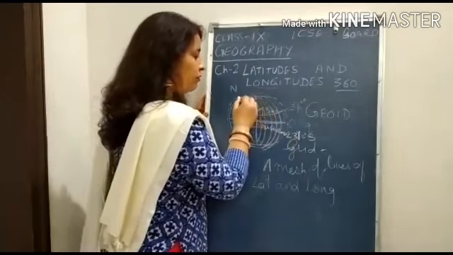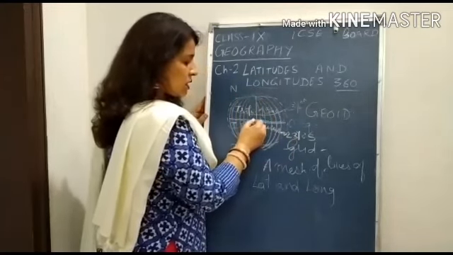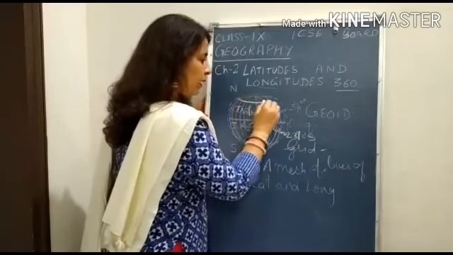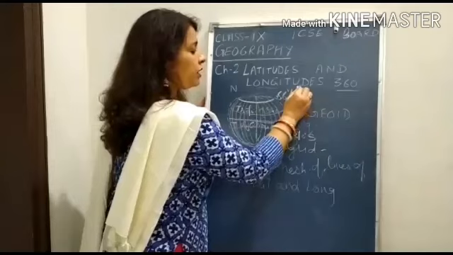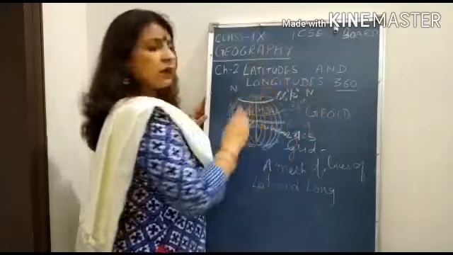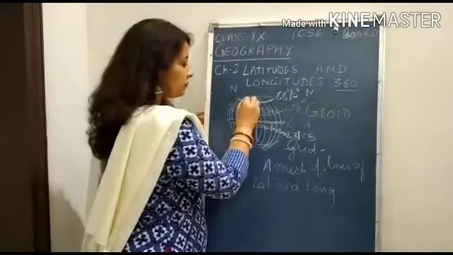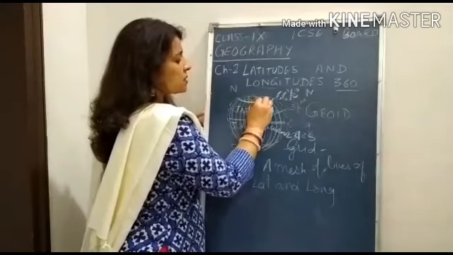Now, first, second, third. Now, the fourth parallel of latitude is at 66.5 degrees north. This is called the Arctic Circle.